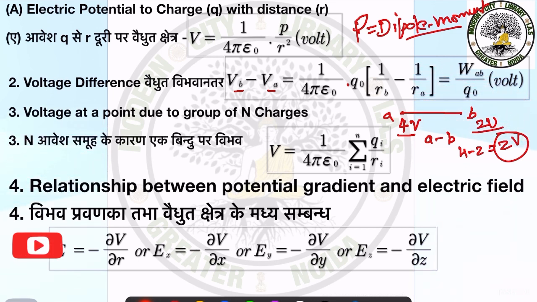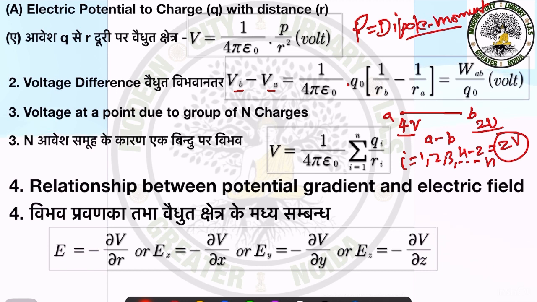Then the next is voltage at a point due to a group of n charges. If the number of charges is more, then the voltage is equal to 1 upon 4 pi epsilon naught summation of i equal to 1 to n of Qi over Ri. Here i may be 1, 2, 3, up to n numbers.